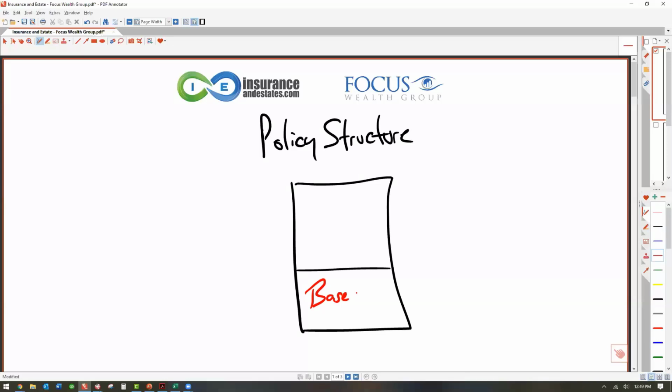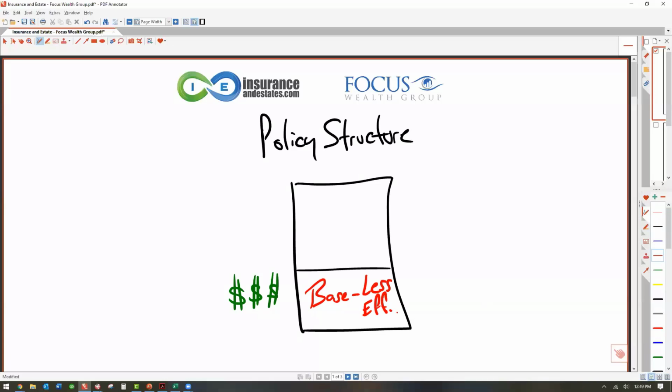It's exciting. What's happening is most insurance agents or advisors will take someone's full premium and only put it into the base portion of a policy. The problem with doing this is you end up with a policy I call less efficient or less effective.